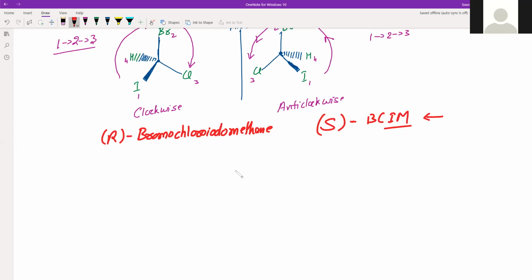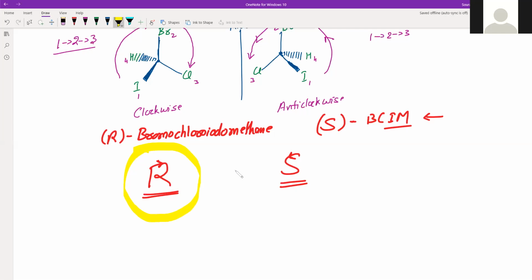Now, a way to understand is when we write R, the curve here is in this direction. So that is clockwise. And when you write S, this is the curve that is in anti-clockwise direction. So this is R and this is S, just to remember, that's all. Whenever there are two things which are confusing, the best way is to remember only one thing.